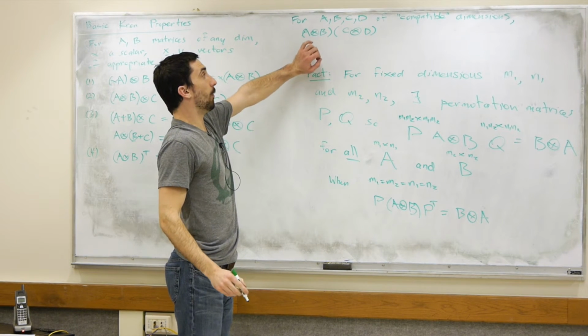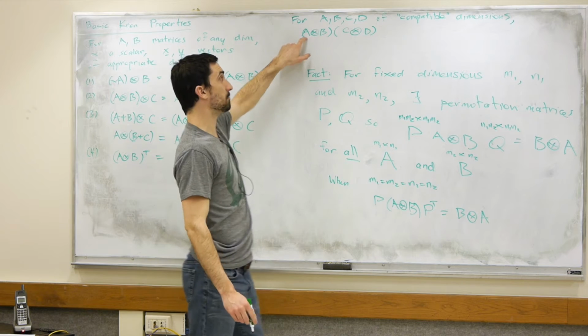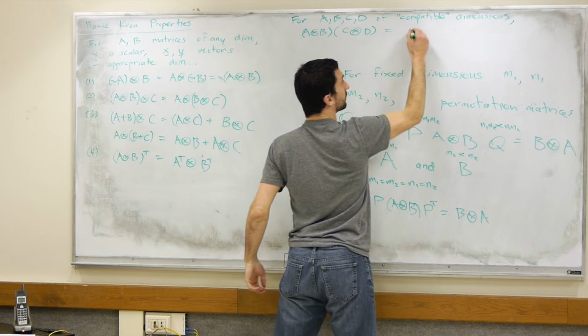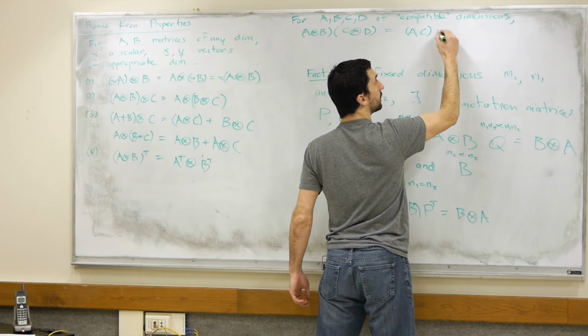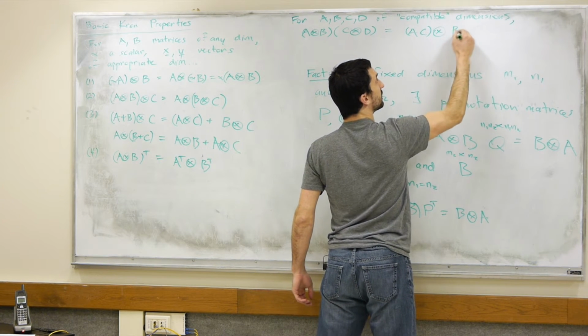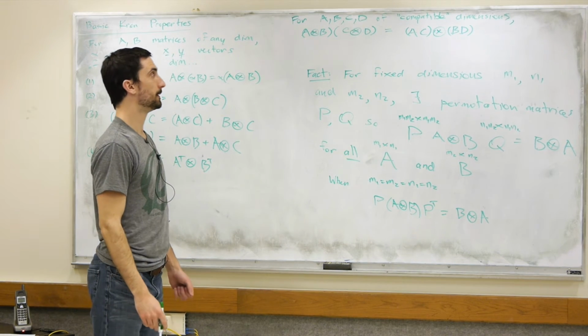First of all, when I say compatible dimensions, I mean if A can multiply with C, and if B can multiply with D. And when I say multiply, I mean in the standard matrix product sense.